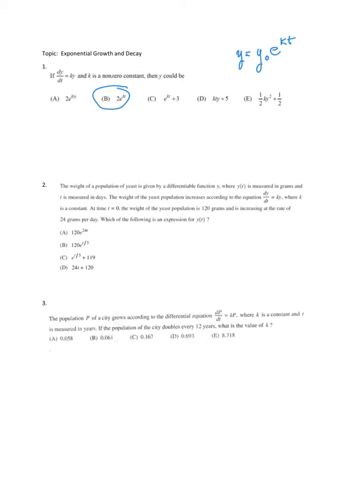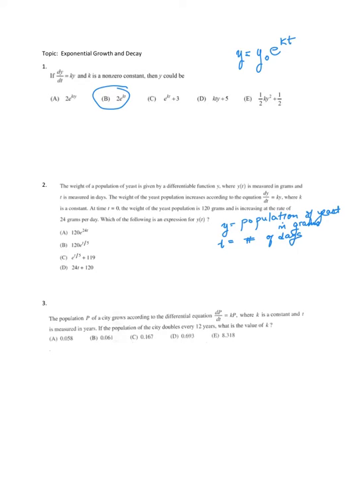The weight of a population of yeast is given by the differential function y, where y of t is measured in grams and t is measured in days. So let's just write this down. So y is population of yeast in grams, and t represents the number of days.